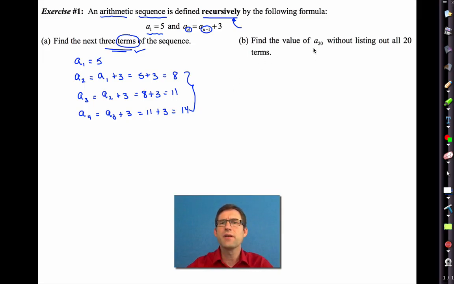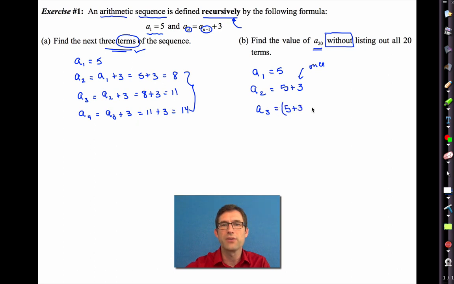Now, it asks me to find the 20th term, a sub 20, without listing out all 20 terms. This is a little bit tricky. A1 was 5. But to get A2, we added 3 to the 5 once. To get A3, we took that 8 and added 3 again.